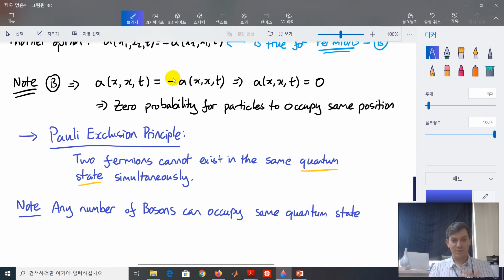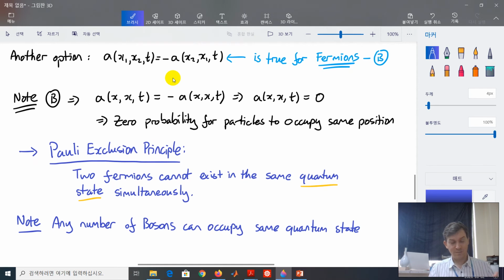So that's an easy way of telling these particles apart. If you put many of them together, then for fermions, all of the fermions will have to go into different quantum states, whereas bosonic particles can all occupy the same quantum state.